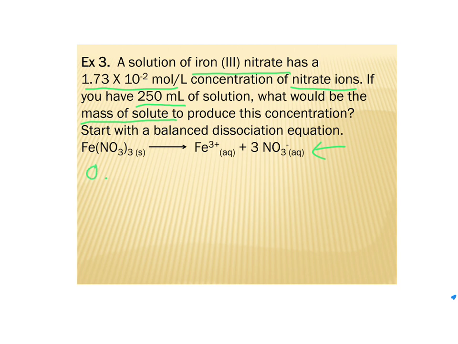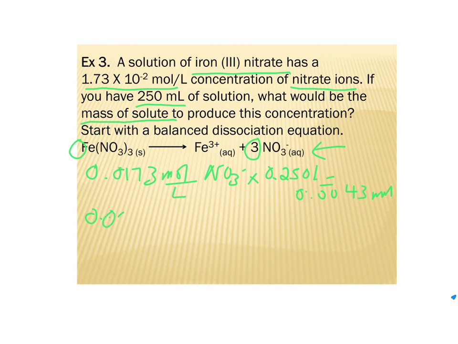We have to start with 0.0173 moles per liter of nitrate. And we have 250 milliliters, or 0.25 liters. If we do the math there, that is going to be 0.0043 moles of nitrate. And then we take our dissociation equation and we look at a stoichiometric ratio of 1 to 3.